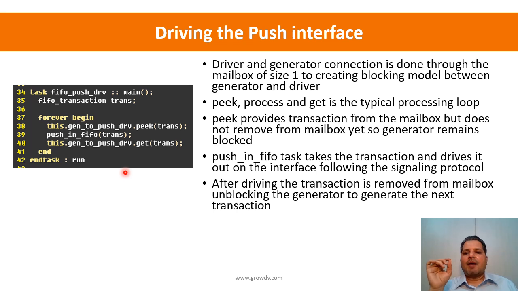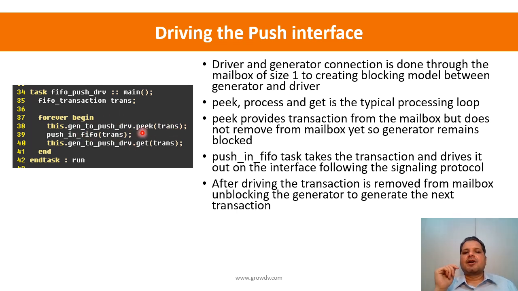Now what happens is that the generator creates a FIFO transaction, which is another class, and puts it into the mailbox using the inbuilt put method provided in the mailbox. We will look at it in more detail when we go into the generator in the next slide. But here, let's say the transaction has been put.